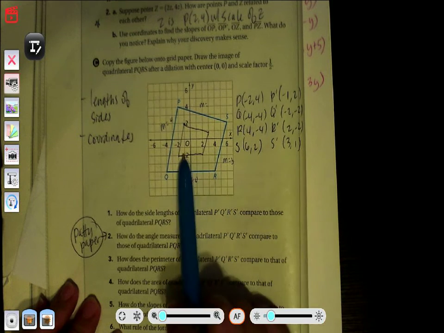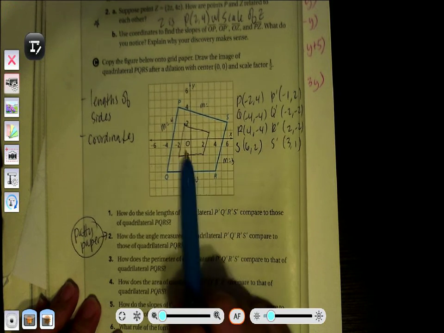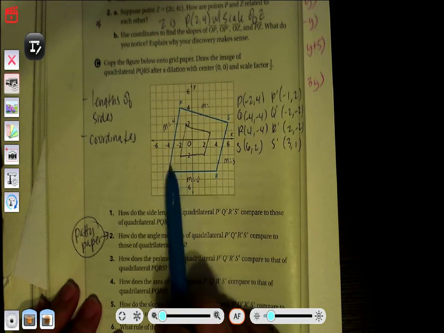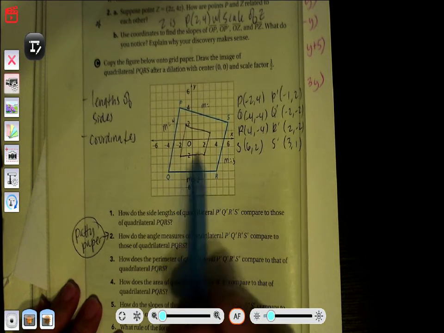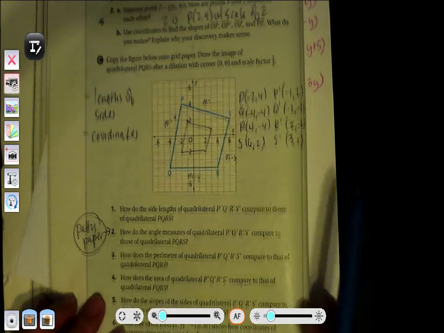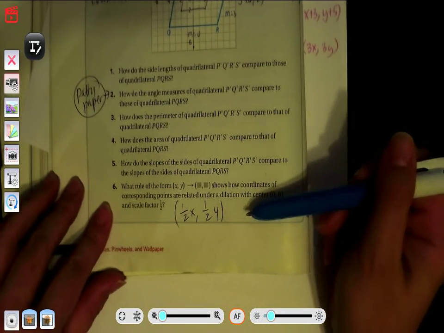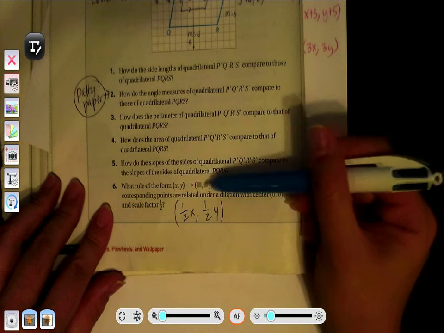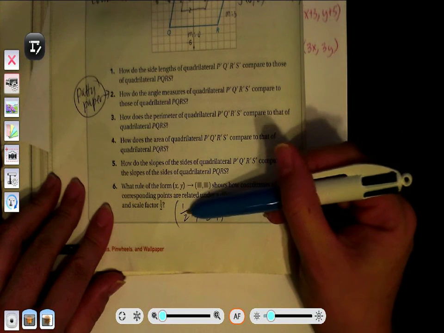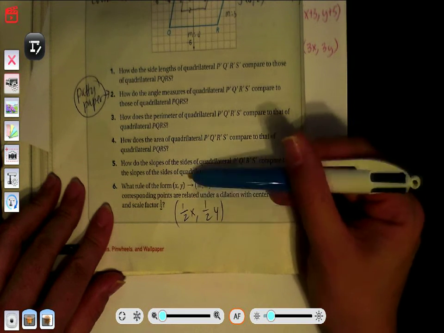And if you look at the plotted diagram, your new diagram is actually going to end up being smaller than the original by half. Similarly, just to answer the very bottom, because of that, the rule would be 1/2 multiplying the first coordinate and 1/2 multiplying the y coordinate.